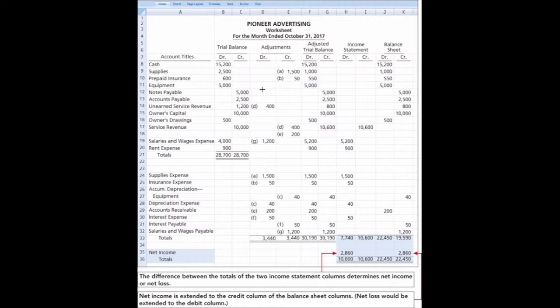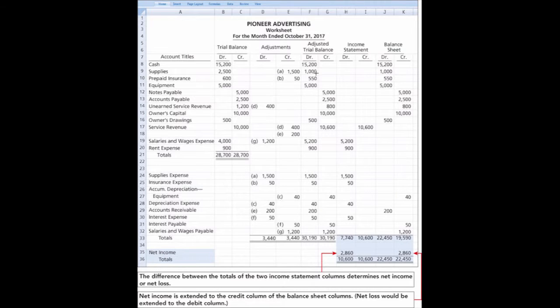And you add when the trial balance and the adjustments both land as either debit or credit. In this case, we have two credits for trial balance and adjustments for service revenue. So we add those two amounts to come up with a new adjusted trial balance. Okay?